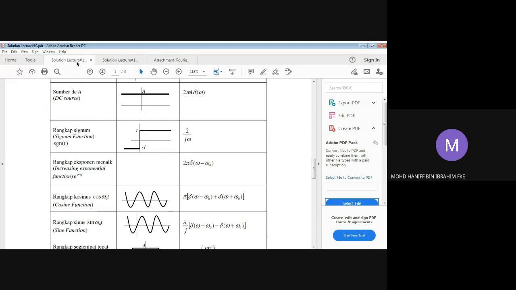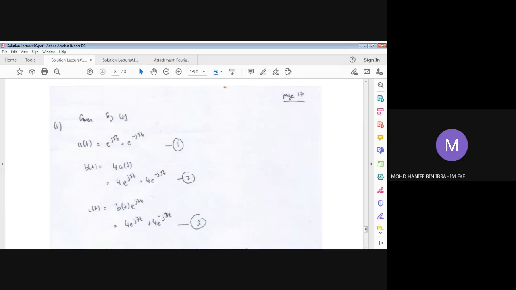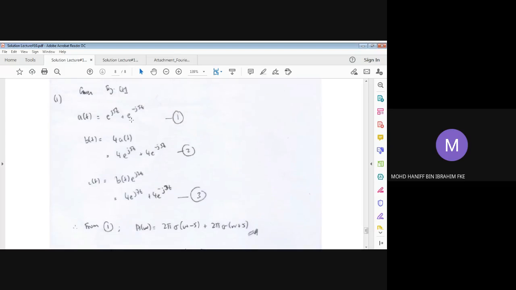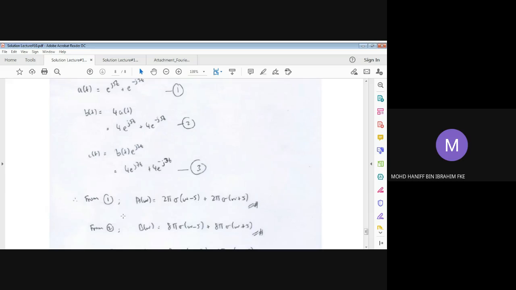Based on that, A(omega) will give us 2 pi delta(omega minus 5) plus 2 pi delta(omega plus 5). This is based on a(t), and you can refer to this table on page 2. The same happens to b(t), which gives us B(omega). The difference is only in the amplitude.